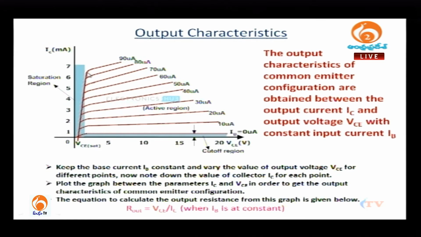That means the collector junction is also forward biased. After a few tenths of a volt, the saturation stops, and this entire region is called the saturation region. So, output characteristics consist of 3 regions: cutoff region, active region and saturation region. Now, the slope is due to early effect.